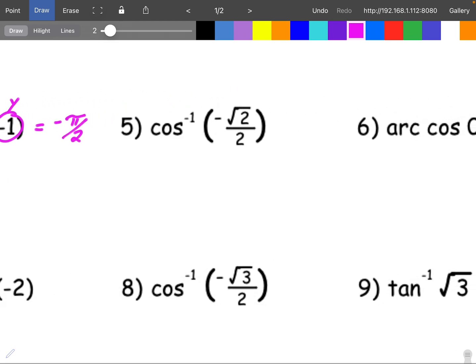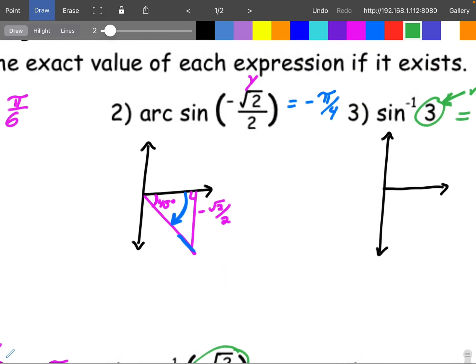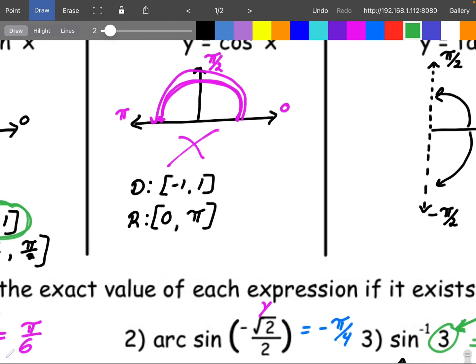All right, let's take a look at some cosine ones then. Now, for cosine, remember, we're going to use two different quadrants. So inverse cosine or arc cosine can only occur in quadrants 1 and 2. Now, also check with these and make sure, is this within my domain?